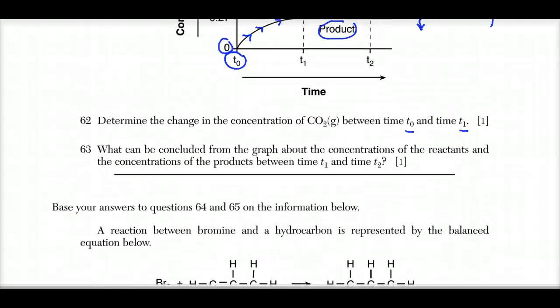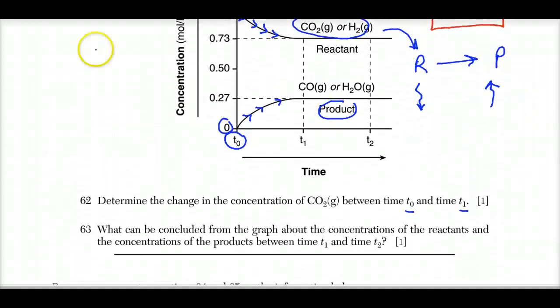So we go to the graph, and we see time t0 is here, and time t1 is here. So we're looking for this time period between this and this. And they're talking about the change in concentration of CO2.